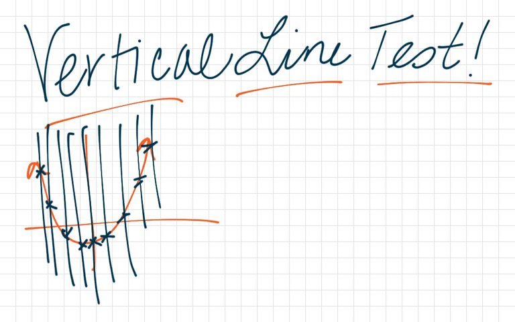The arrows indicate that it goes on forever, so this is not hitting twice, it's hitting once. But this vertical line test shows us when we have a function or when we don't have a function. So essentially, if at any point on a function in a graph, I can draw a vertical line and it hits 2 parts of that function or relation, if it hits 2 points, then it's not a function.